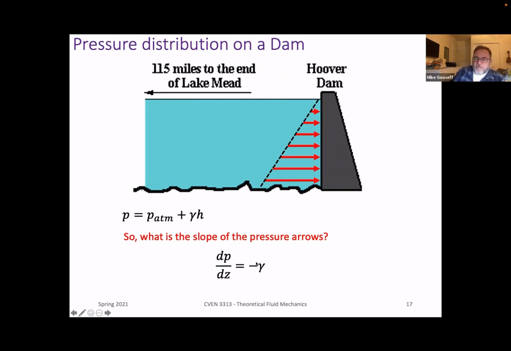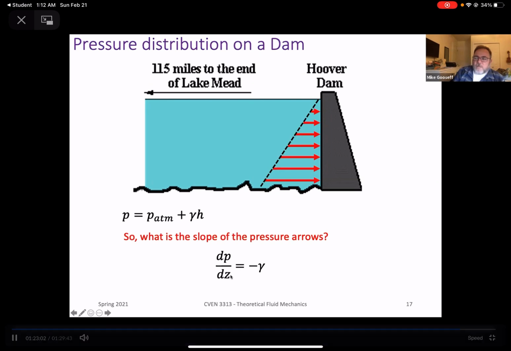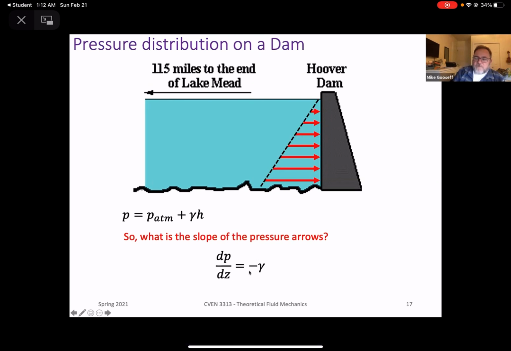But obviously we are increasing pressure as we go down. And the reason that this negative value is here is that dp dz is going to be a negative value. We could say minus dp dz is equal to gamma, but it's because z will decrease while pressure increases. So there has to be a negative somewhere in this equation.